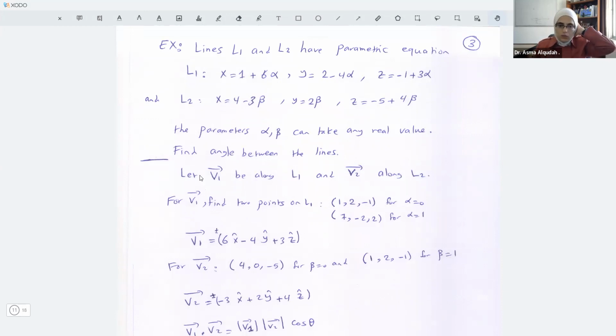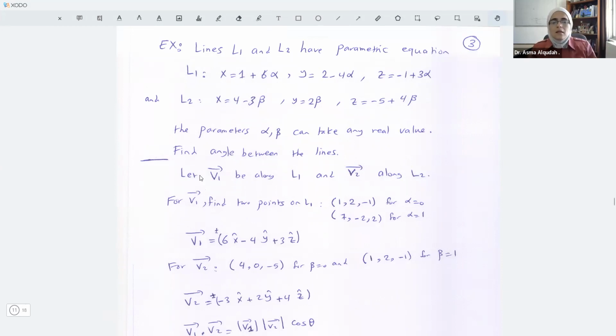Okay, so we had reached this point in the last lecture, and we were asked in this example to find the angle between two lines L1 and L2, and we are given the parametric equations of L1 and the parametric equations of L2.